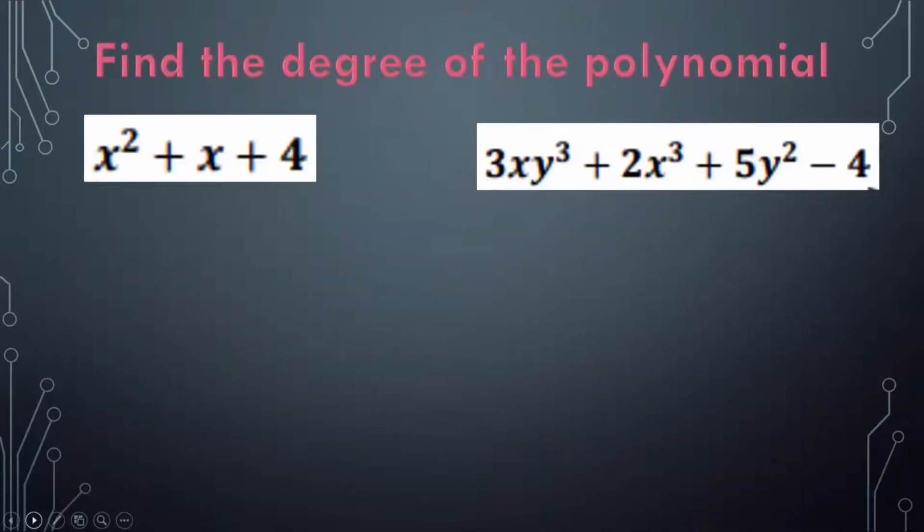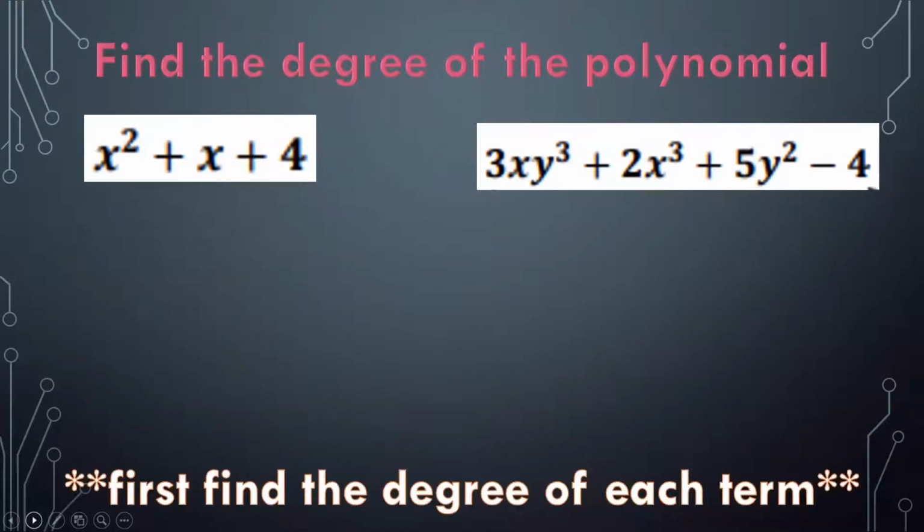Okay, so this is how I find the degree of a polynomial. My first step is to find the degree of each term. Let's go look. Here, the x squared. Remember, we're looking at the exponent of the variable. That's 2.